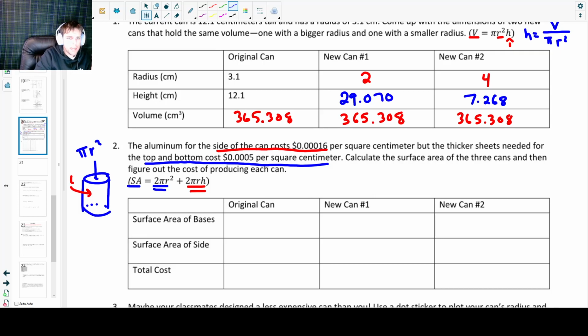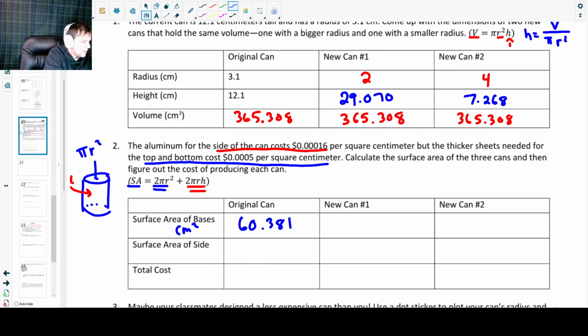So for the original can, we'll go ahead and quickly calculate the surface area here. So 2 pi times 3.1 squared. So the top and bottom together have a total surface area in the original can of 60.381 cm squared.